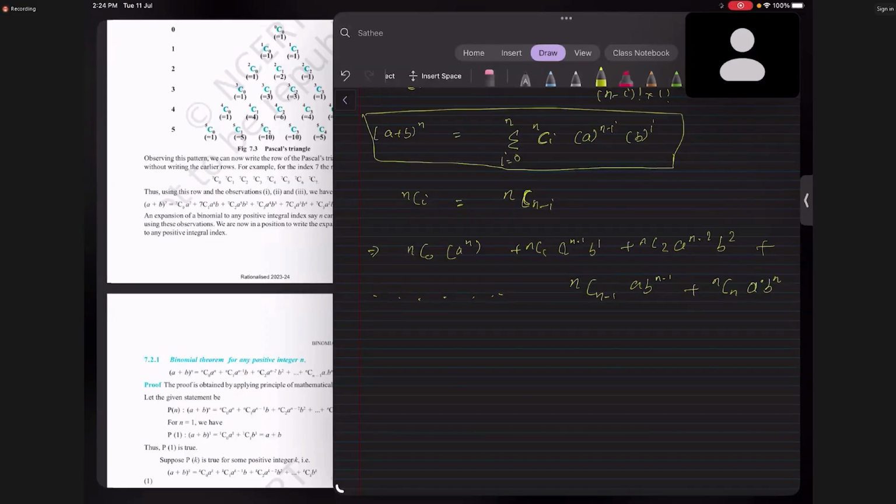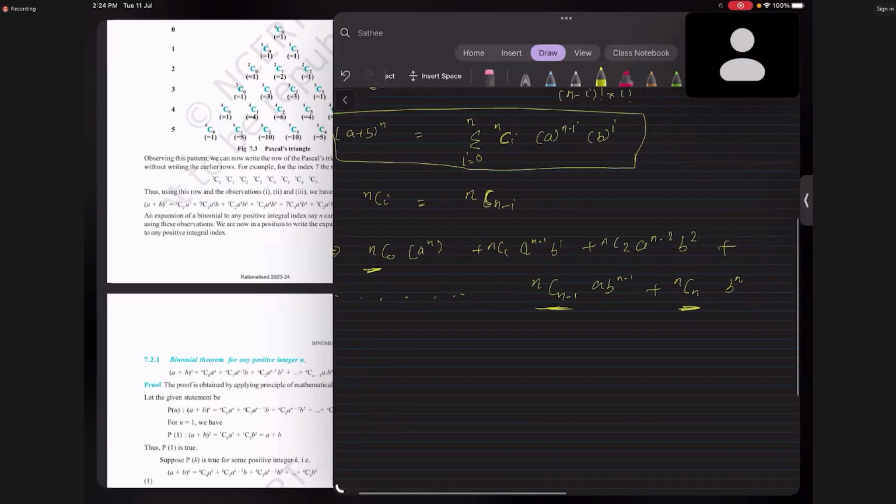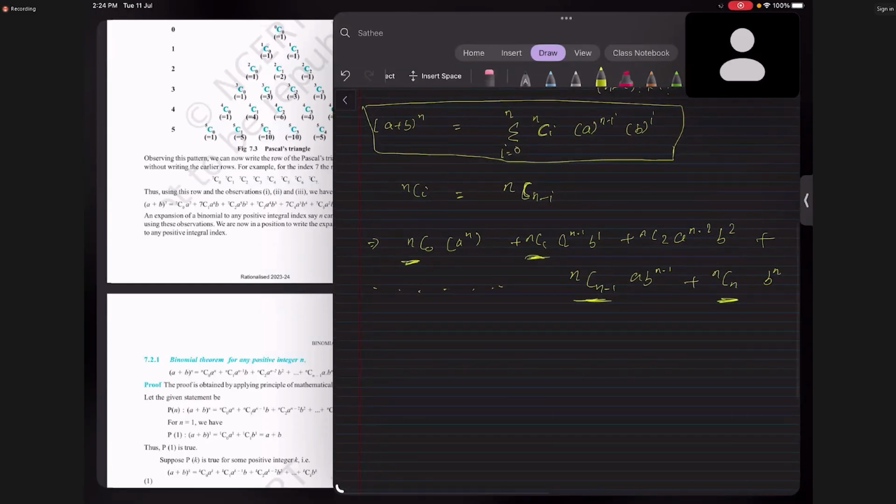Okay, or there would be no times of a. So you can see that this coefficient and this coefficient, and this coefficient and this coefficient, these are equal. So you can say that the coefficients which are at equidistance from the beginning and the end have an equal coefficient.